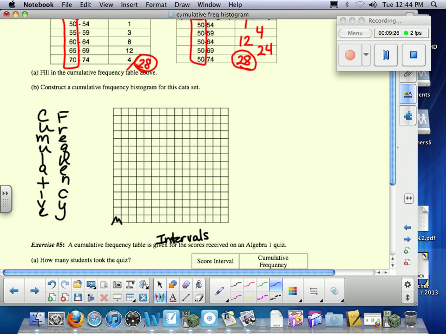Okay, my intervals can only be two wide to fit, and they're going to look just like the cumulative frequency intervals. So they're all going to start at 50.